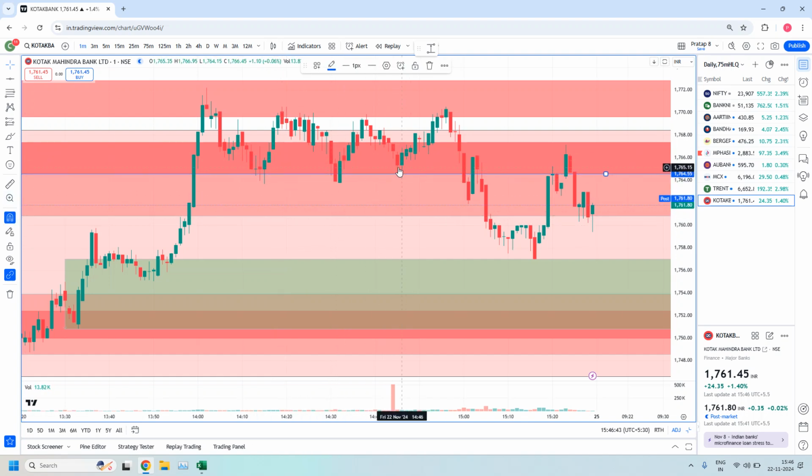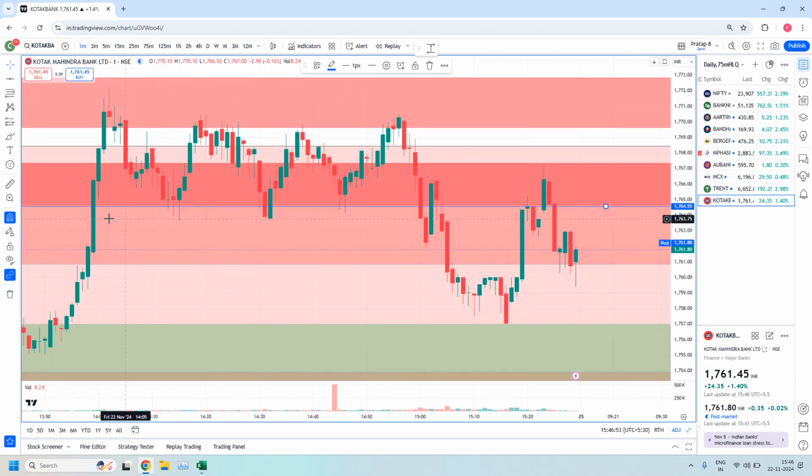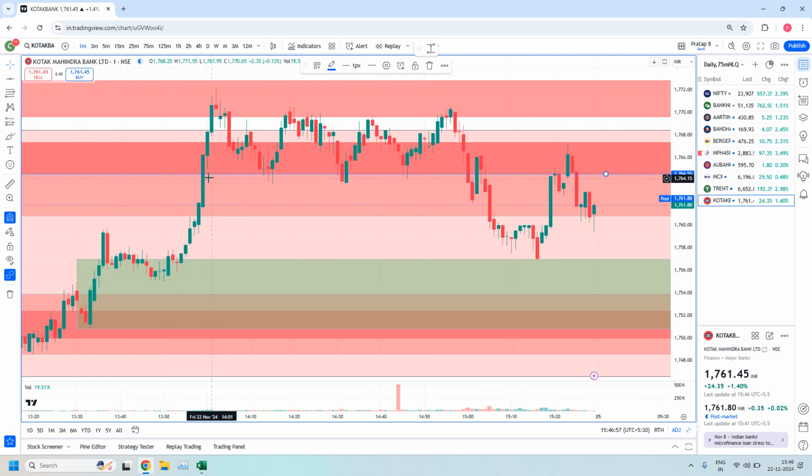Maybe somewhere here you would have exited, because from this line again moving, again from this area they started moving. Because this is a 1 minute chart only and there is no 1 minute zone available here, maybe some 15 seconds or 30 seconds zone might be available, might have acted as a high liquidity zone.